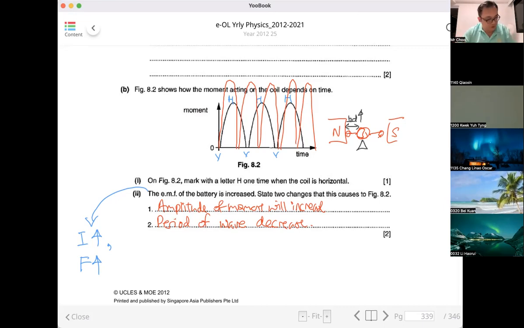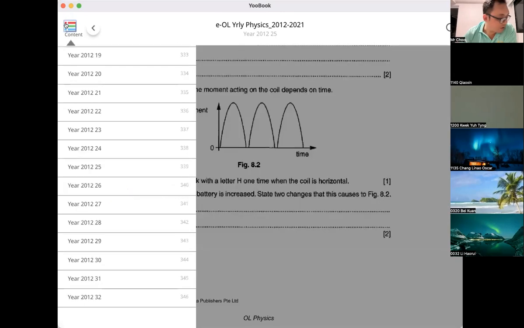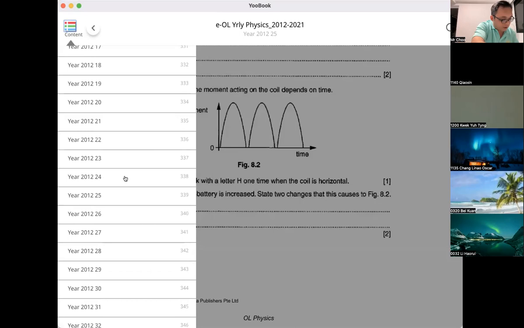If you are okay with this, we go to the last question. If you are okay, give me a yes reaction, everyone. Let's go to the last question, 2018. No, not 18. Last 2 questions.